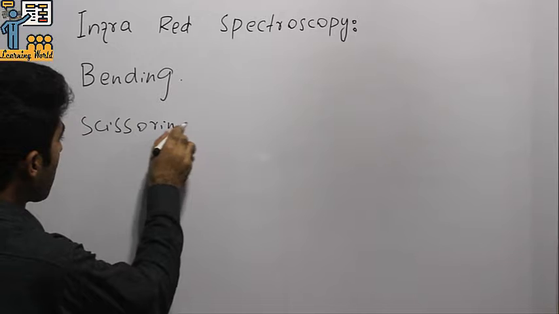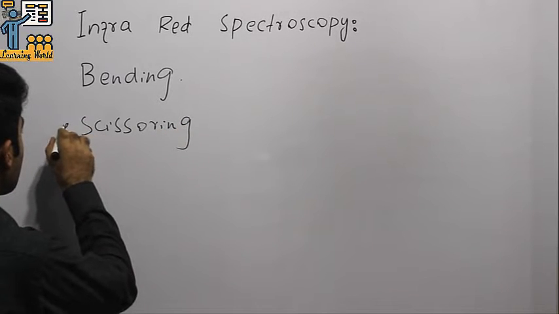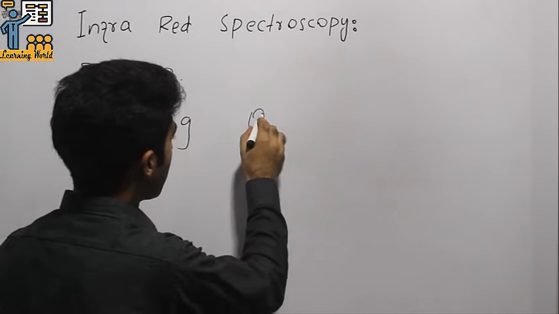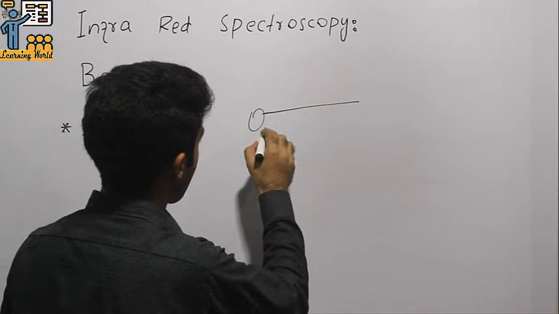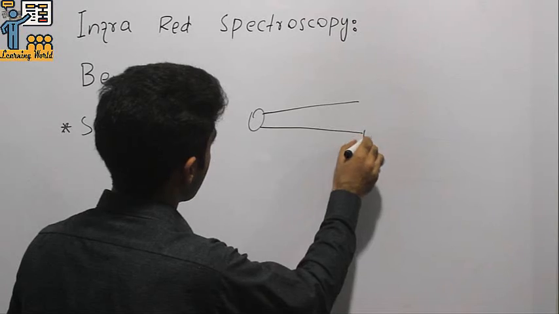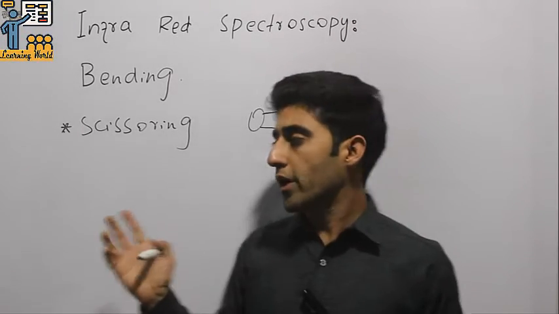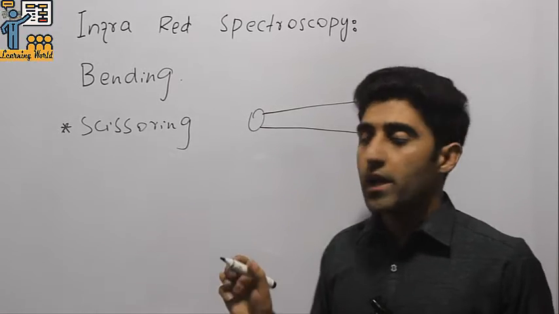scissoring. For example, this is one atom, and this is the interatomic bond present between these two atoms. Scissoring movement will occur here.